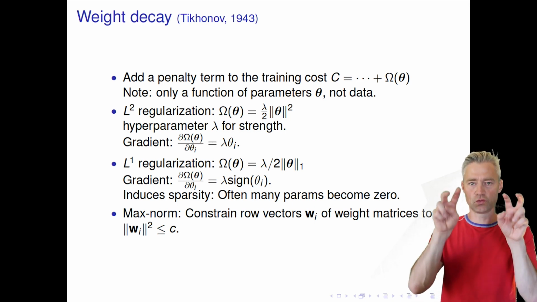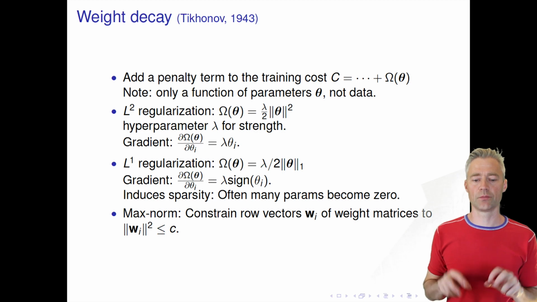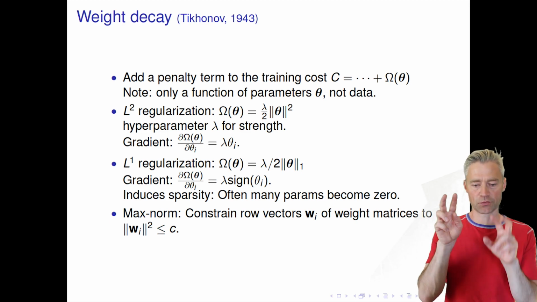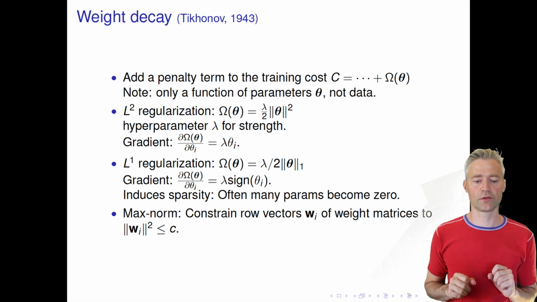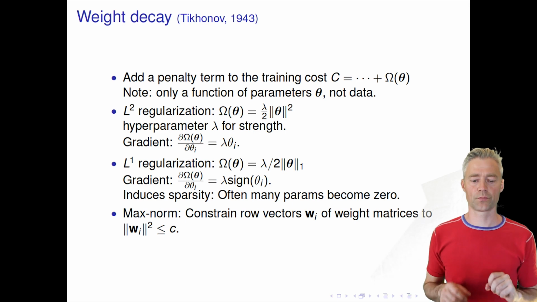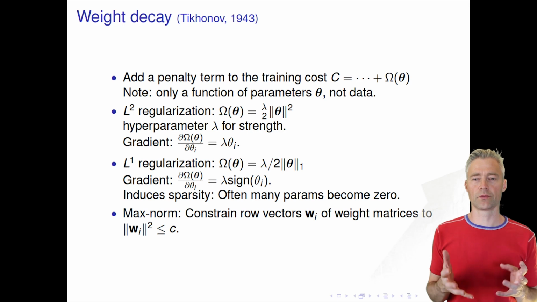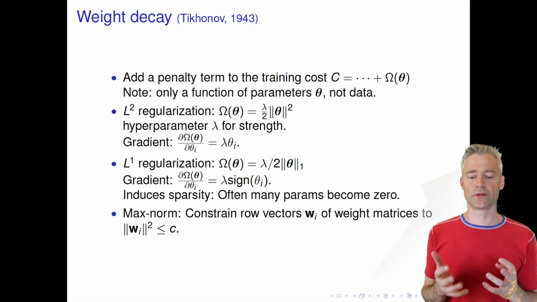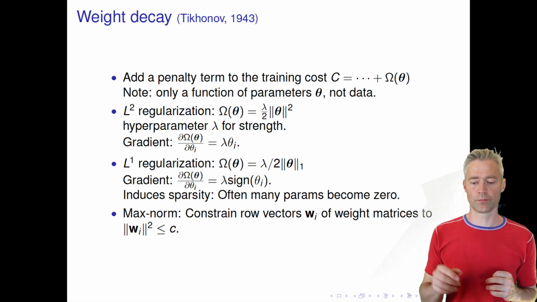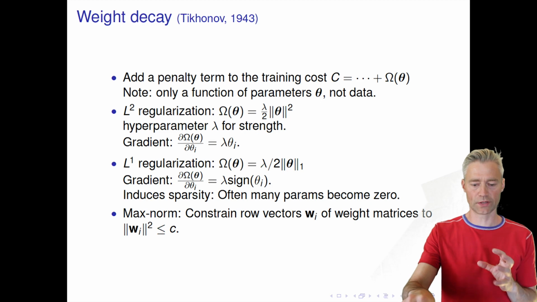These double bars mean the length of the weight vector, and it's squared there, and that's L2. So we add lambda half times the squared L2 norm of the weights in L2 regularization. In L1 we add lambda half times the one norm of the weight vector, and when we minimize the cost with that L1 penalty, it's easy to show that this will give weights that become 0. So it will give a sparse solution if lambda is large enough.